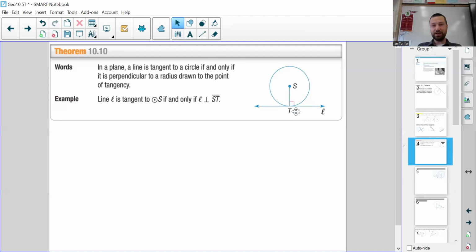If we know it's a tangent line, we know it's perpendicular to the radius. If we know a segment out here is perpendicular to the radius, then we know it's a tangent line. So this goes both ways. This is going to give us some options. I think you know what might happen. Right angles, everybody's favorite. So there's your theorem. Super important. I'd write that down.